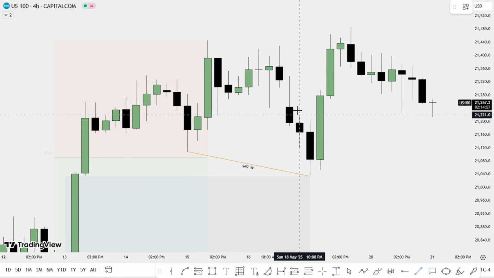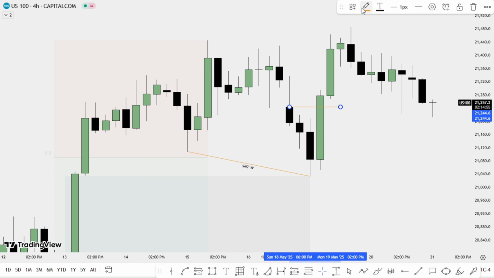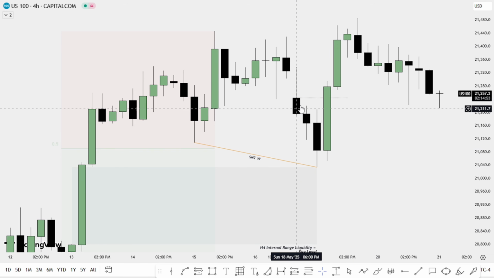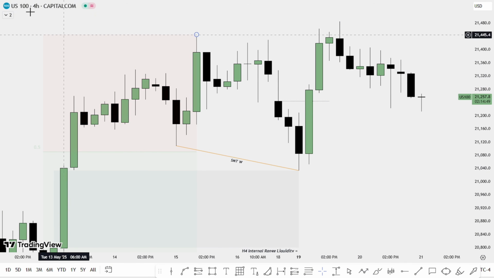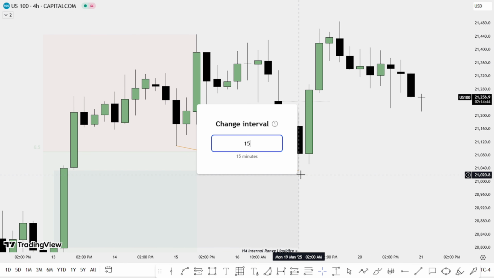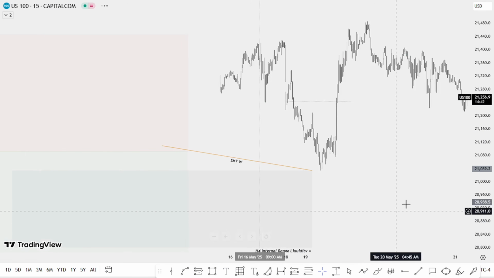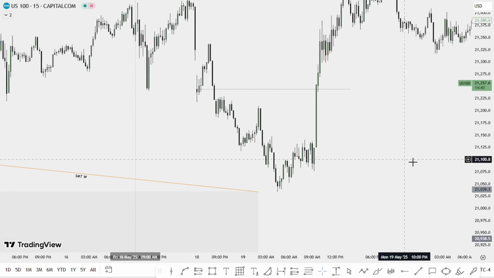Just simply mark out the opening price of the weekly and then the daily. So we got this weekly opening price, and now we need to look at a lower time frame, which is the 15-minute chart. When it comes to the 4-hour key level, we need to switch to the 15-minute time frame and look for a change in the state of delivery.